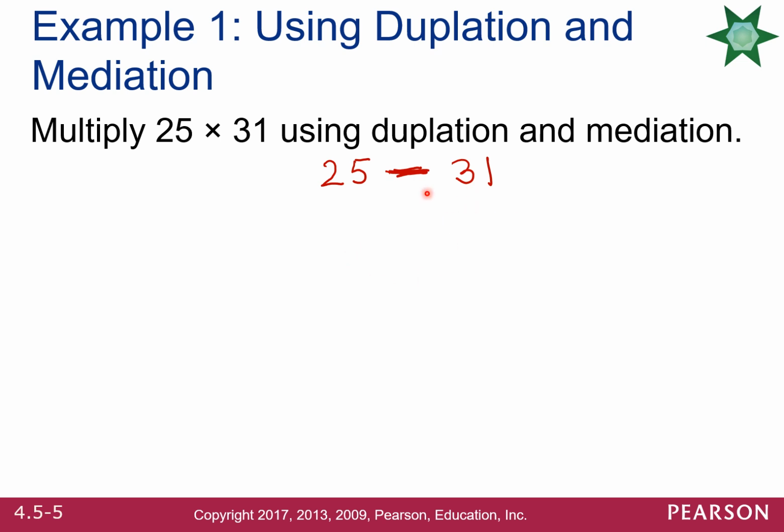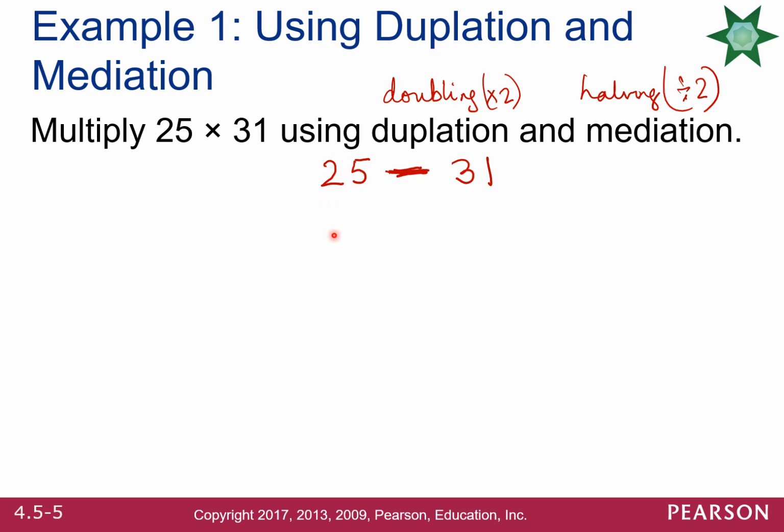All right, and we have to keep doing this until we end up with a 1 under the 25. So again, keep in mind duplicity means doubling, so multiplying by 2, and mediation means halving, all right, taking the half of the previous value. So that means dividing by 2. All right, so doubling is done on the value on the right hand side, halving is done to the value on the left hand side.